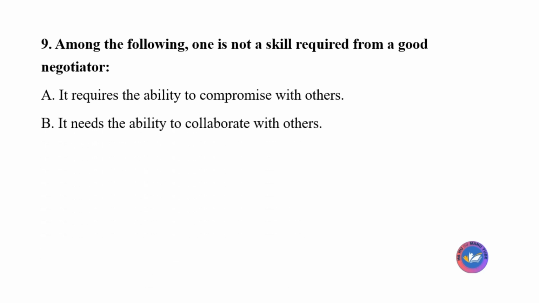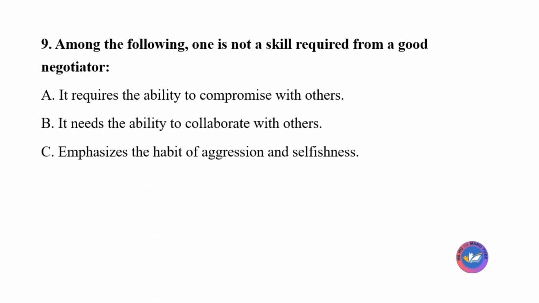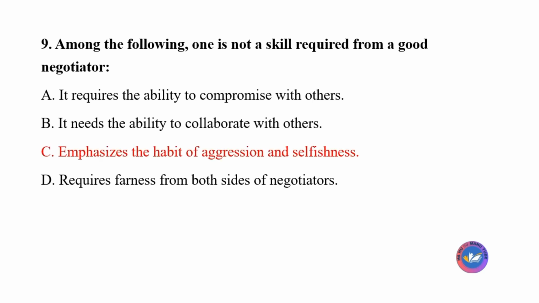D. Requires fairness from both sides of negotiators. The answer will be emphasizes the habit of aggression and selfishness. Good negotiation requires collaboration, fairness, and ability to compromise, not aggression and selfishness.